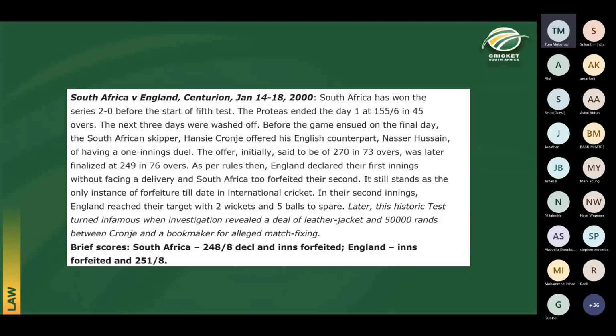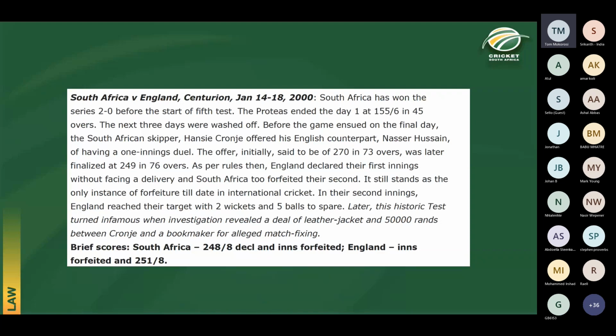That innings was declared. Then England forfeited their first innings, and then South Africa forfeited their second innings, and then England batted their fourth innings to chase South Africa's first innings score of 248 and ended up winning the game by 2 wickets, scoring 251 for 8.